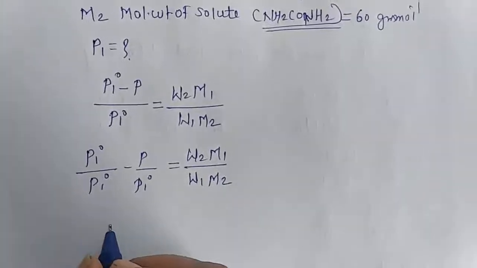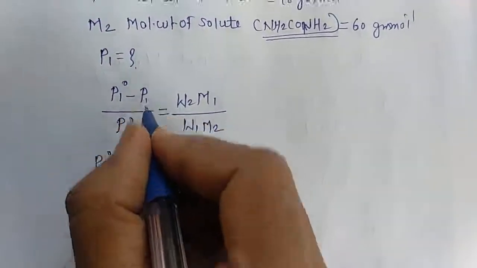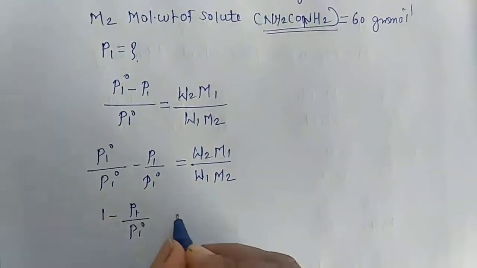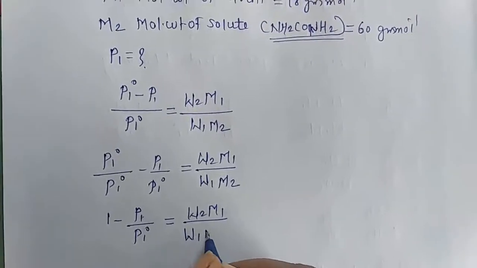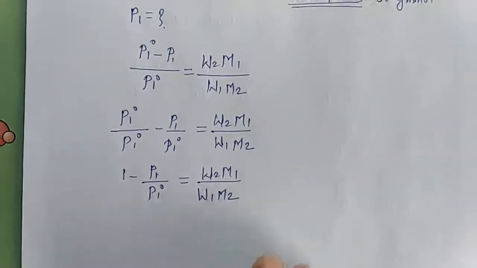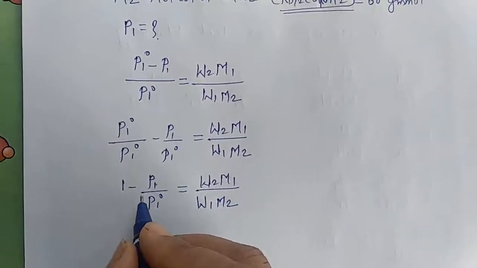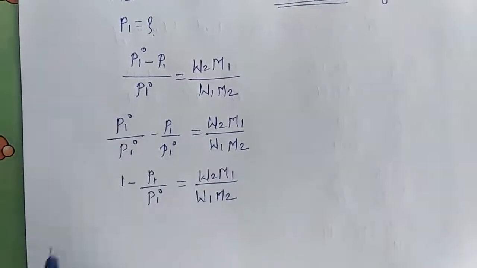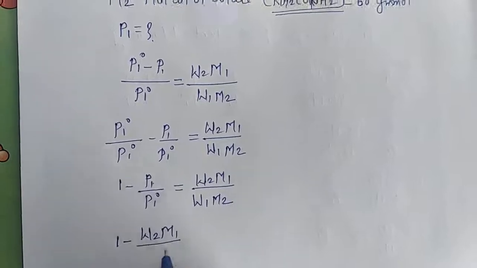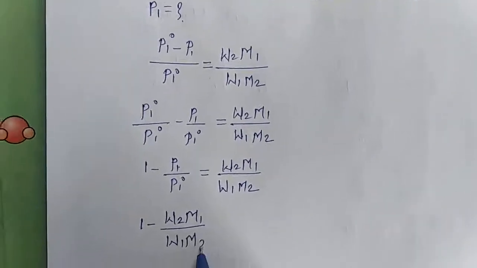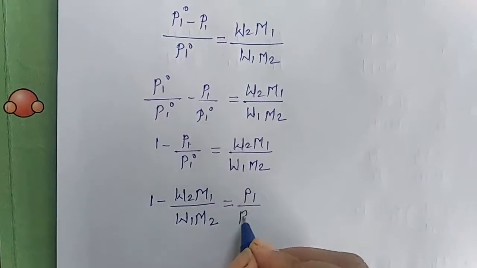Simplifying this, we are getting 1 minus P1 upon P10 equal to W2 M1 upon W1 M2. Okay, we are going to shift this term to this side and this term to this side. We are getting 1 minus W2 M1 upon W1 M2 equal to P1 upon P10.